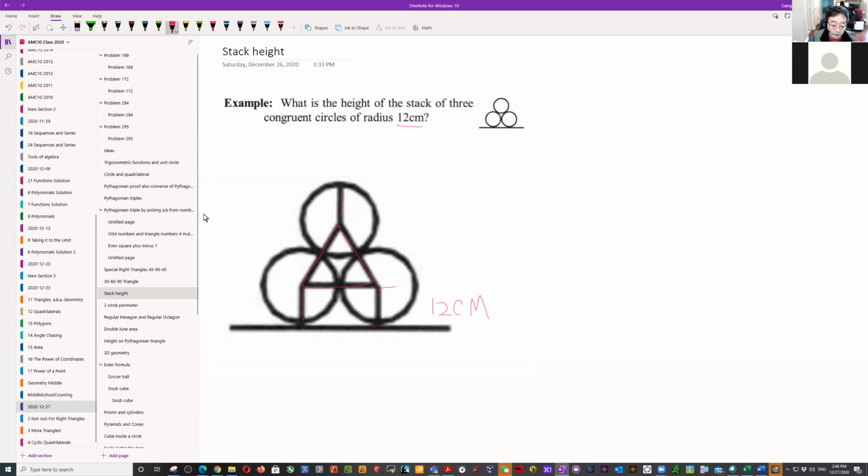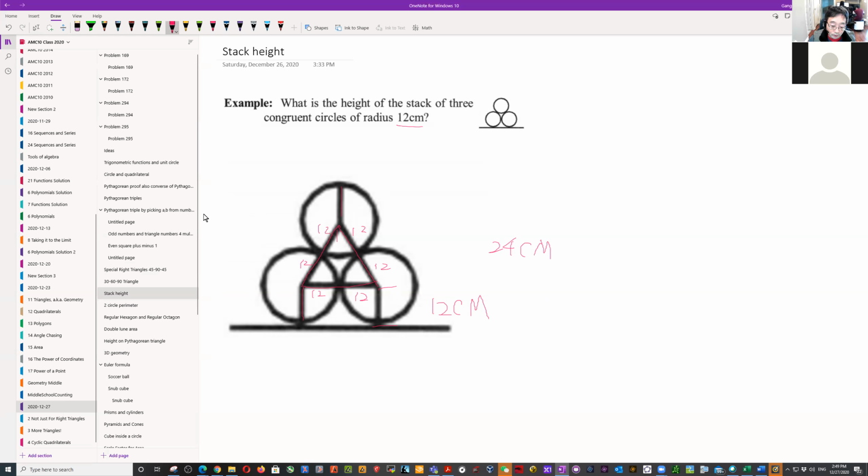If you connect their circle centers, it forms an equilateral triangle among the centers. So this is also 12, and this is also 12. So it is a 24 cm equilateral triangle in the middle.